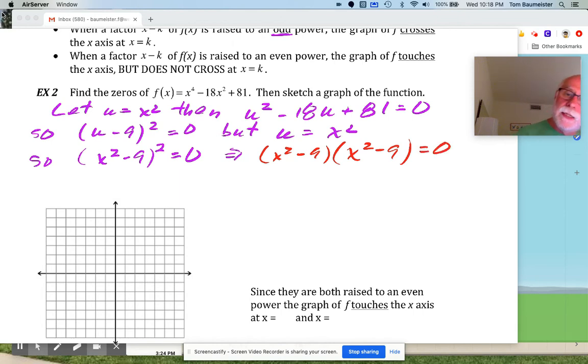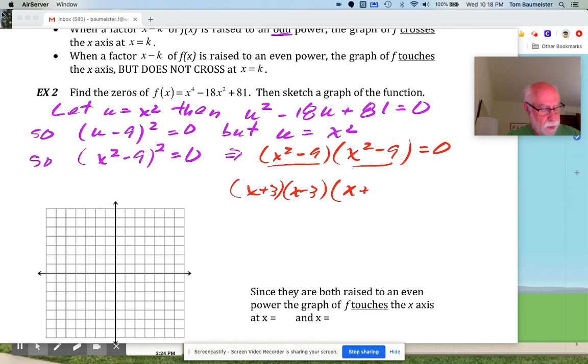Now what do I have, ladies and gentlemen? I have a difference of two squares. So I can write the first one as x plus 3, x minus 3, and the second one as x plus 3, x minus 3.